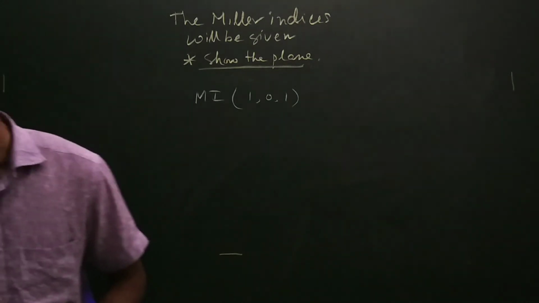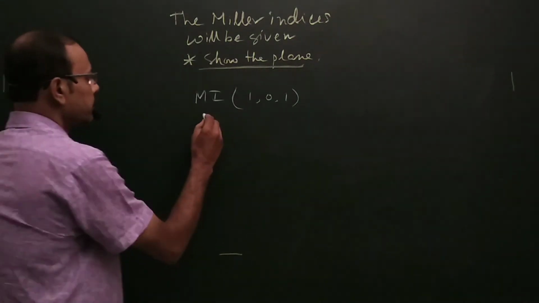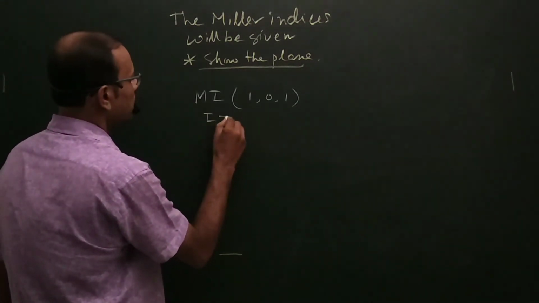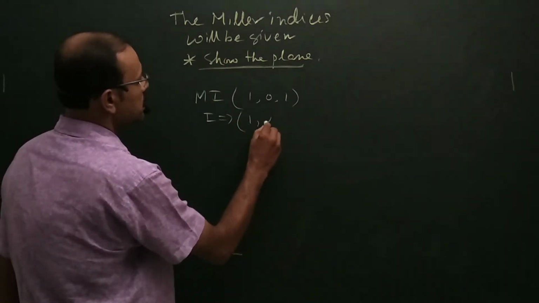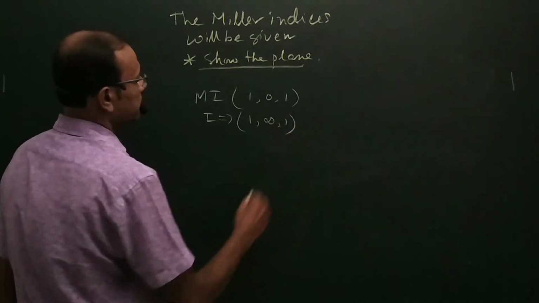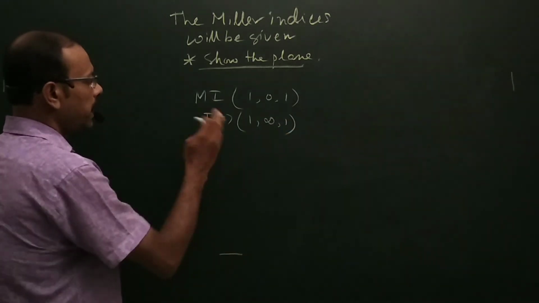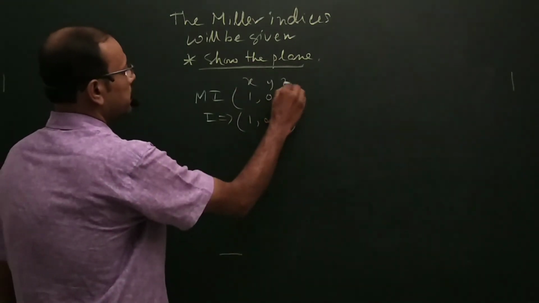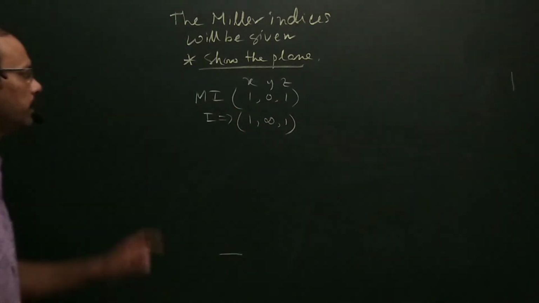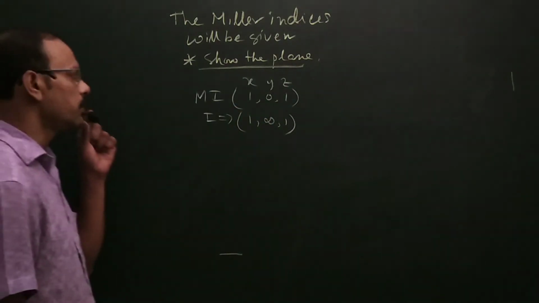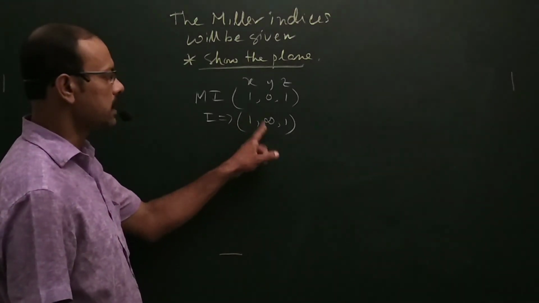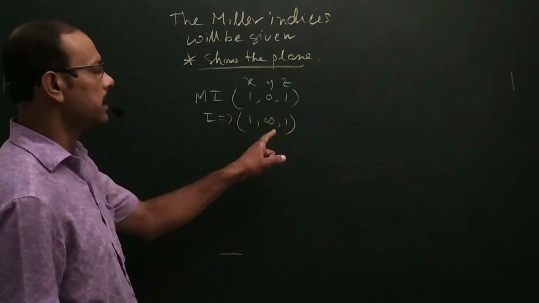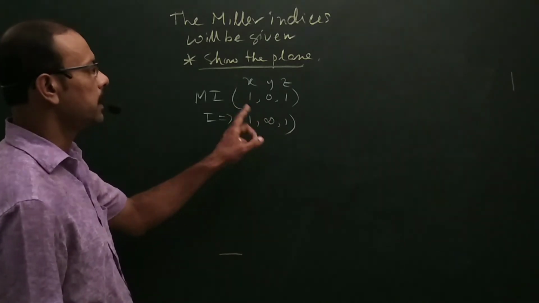So you see the reciprocal indices will be 1, 1 by 0 means infinity, and 1. So the plane intersects the x-axis at unit distance, it intersects the y-axis at infinity, that is, it is parallel to y-axis, and it will intersect the z-axis at unit distance.